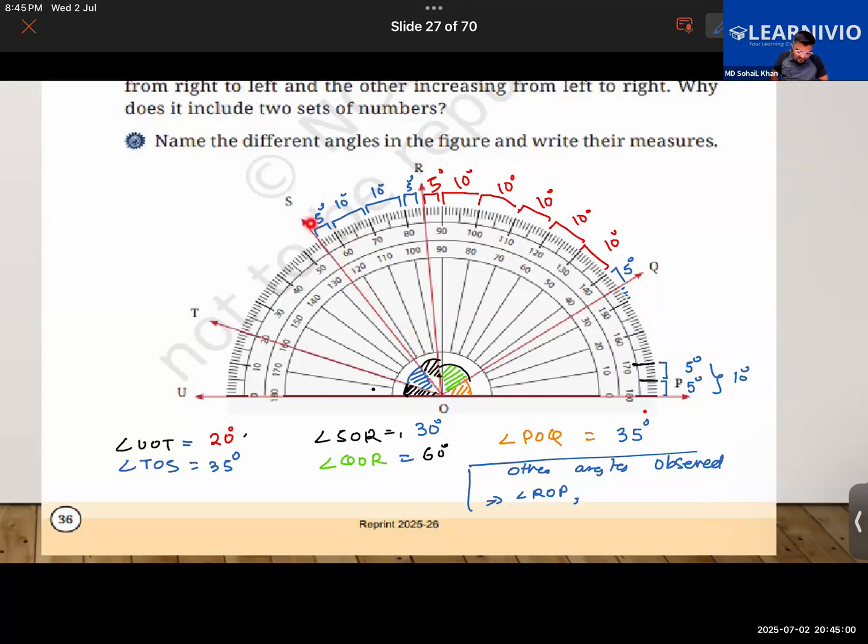We will go there, but going in sequence, ROS. We will take first this one. Let's name this one first, SOQ. So angle SOQ. And then angle TOR. Angle TOR.